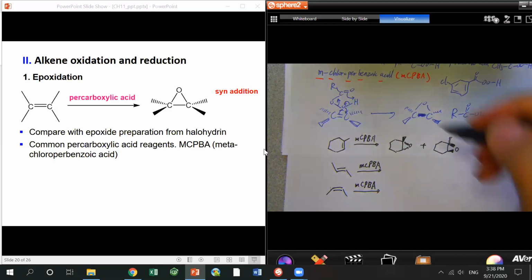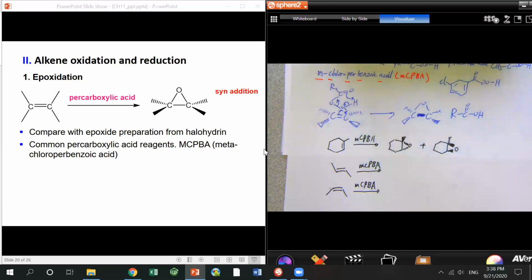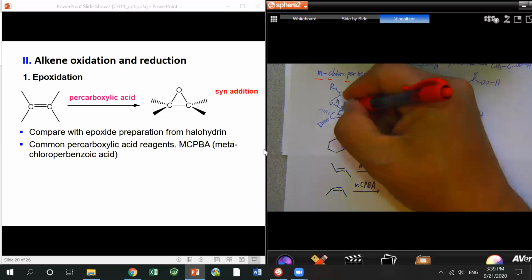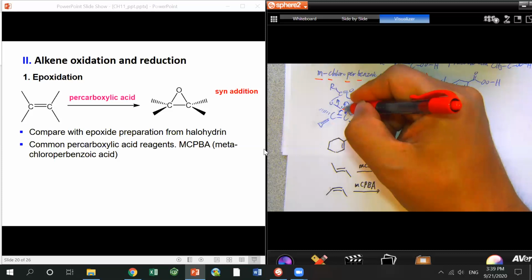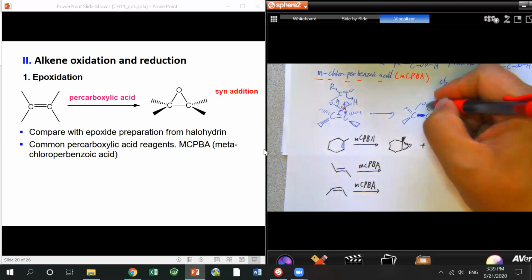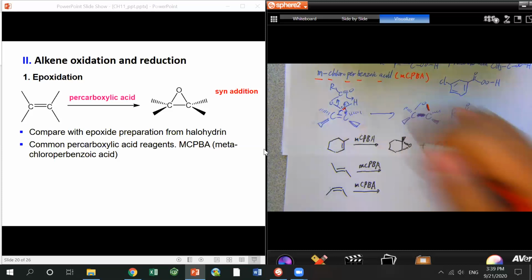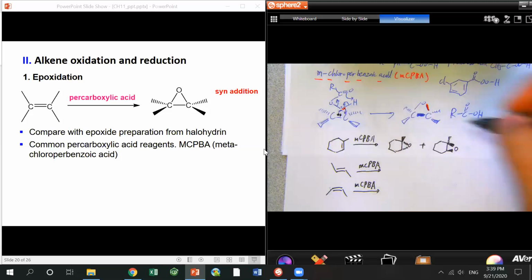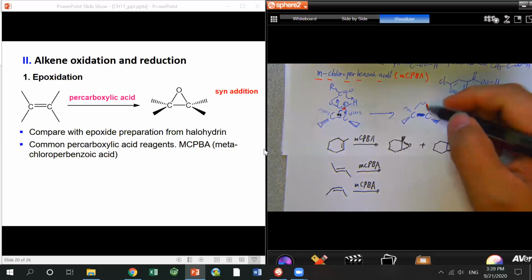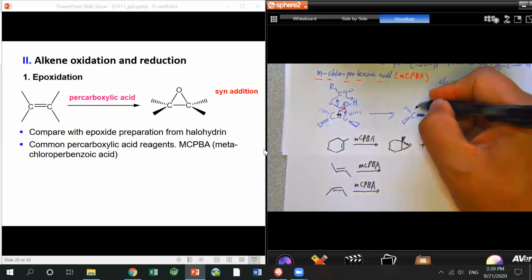For this one, the bond movement is actually not required, but if you want to see it clearly, the lone pair of electrons on oxygen goes to here, this bond. And then, in a different color, the pi electrons pick up the oxygen, that's these two.